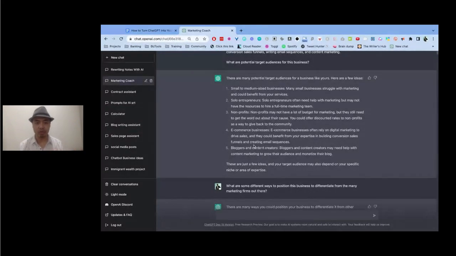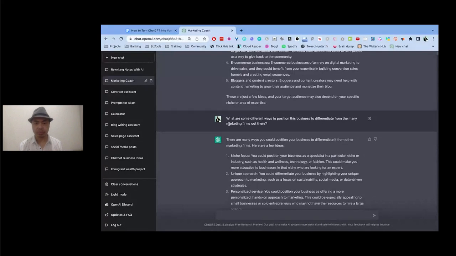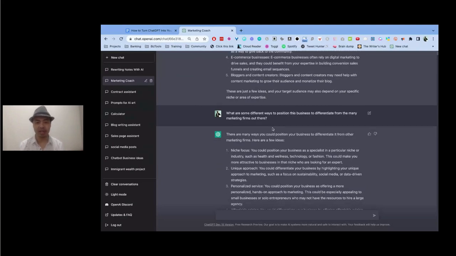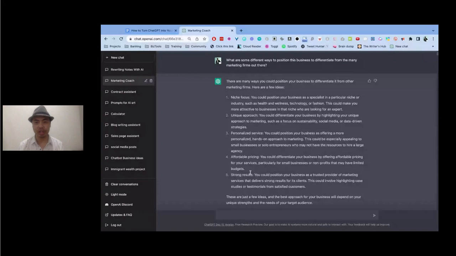And then from there, we move on to the next prompt, and I'm asking, what are some different ways to position this business to differentiate from the many marketing firms out there? So now we're asking our marketing coach to help us with positioning. And here it's given 5 suggestions or 5 ideas on ways to position the business.